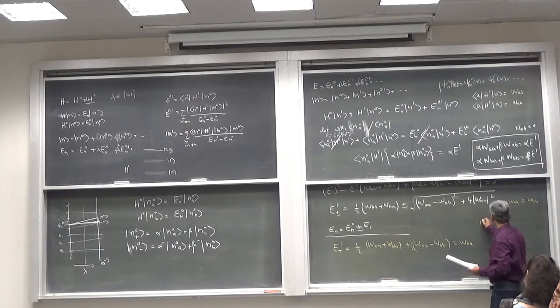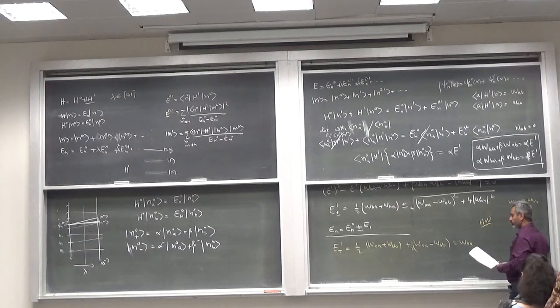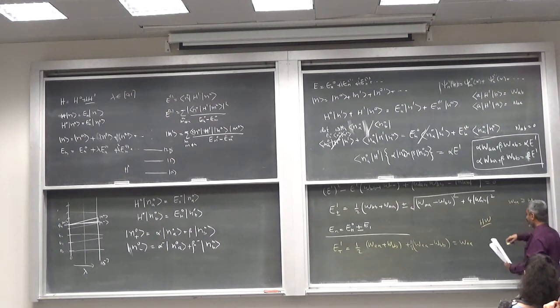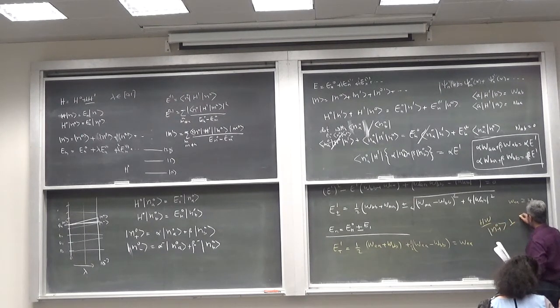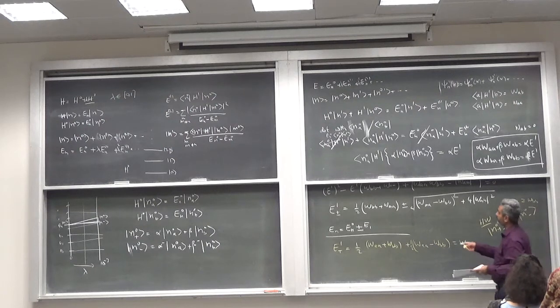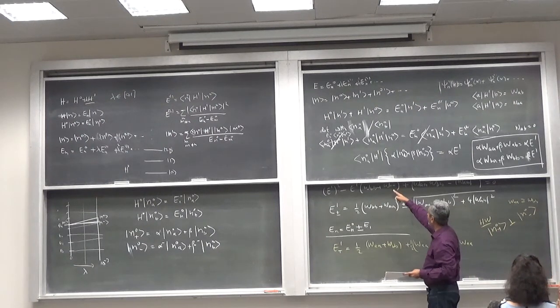Homework. Show that N0 plus is perpendicular to N0 minus. Okay, we have to show that these two states that you have calculated are perpendicular to each other.